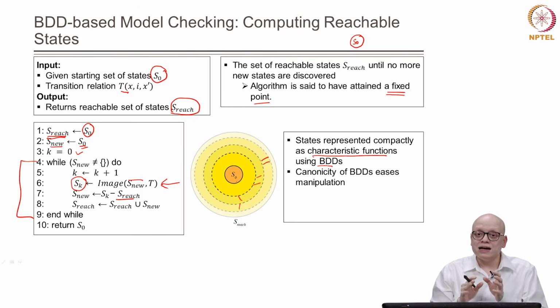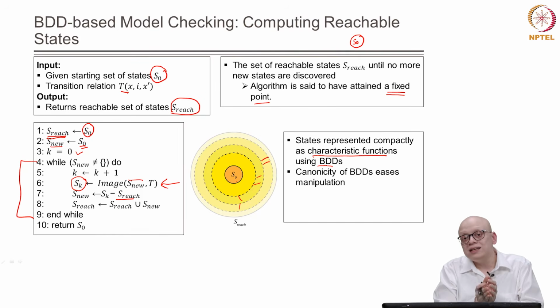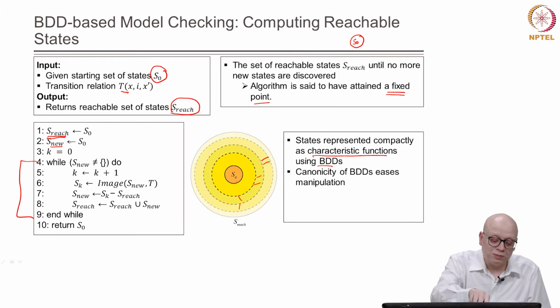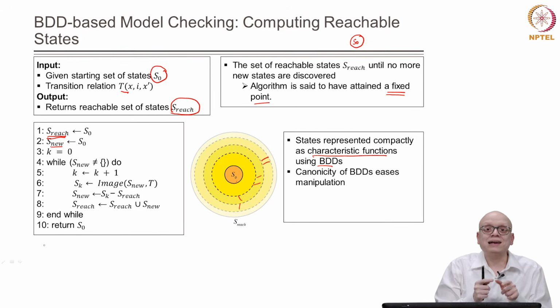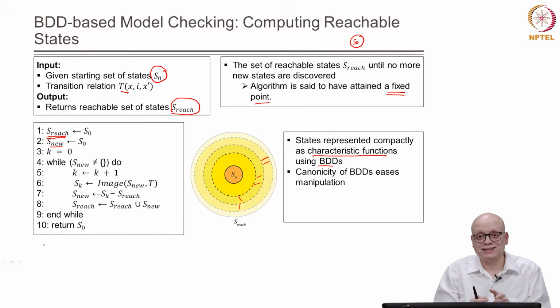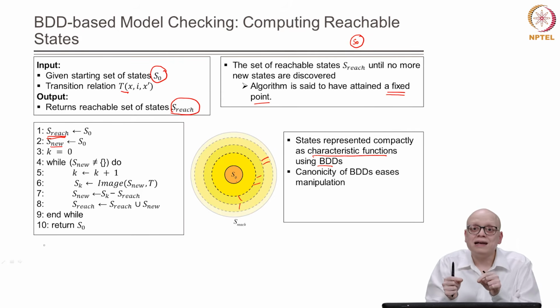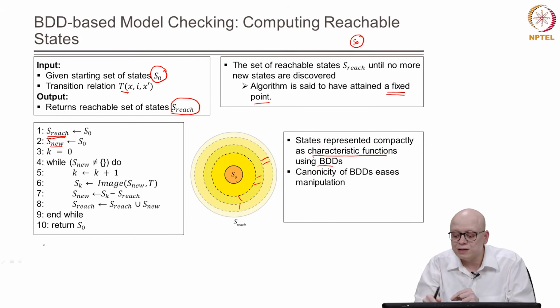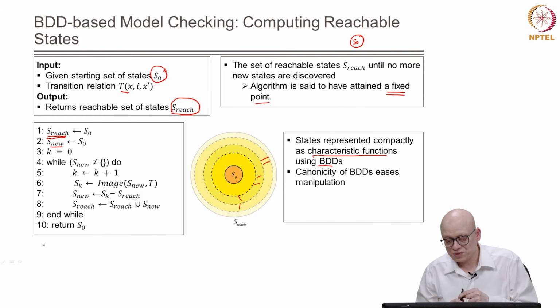What we have done is that we are symbolically traversing sets of states, and sets of states are being represented using characteristic functions, and all these operations are being performed on the characteristic functions of the sets. Though the number of elements in a set can be very huge, the characteristic function will be compact, and it can be represented as a BDD.